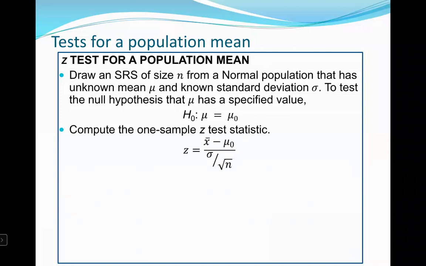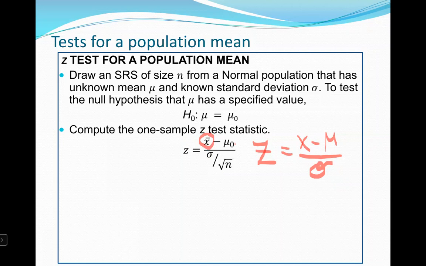Compute the one sample z-test statistic. Just like in chapter 15, we are looking at what from chapter 3 started as x minus mu over sigma. Now it is transformed into our x being our test statistic, our mu being the given mu naught, and our standard deviation now being the standard deviation divided by root n, right?